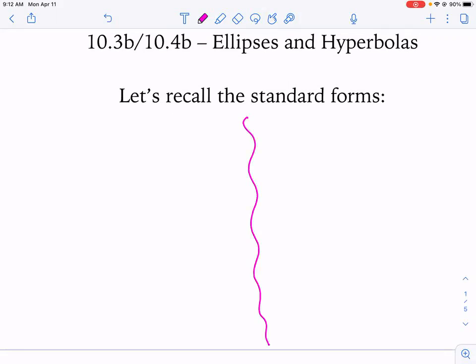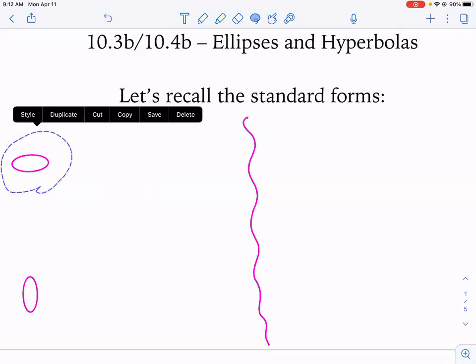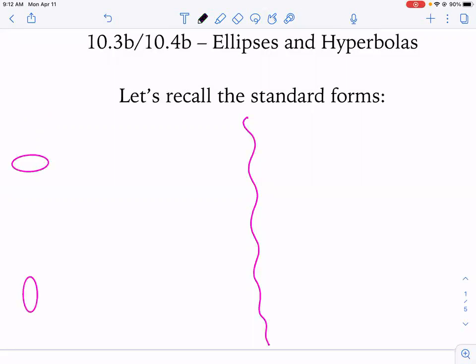Let's first consider ellipses. If we have a horizontal ellipse, then our standard form is x minus h squared over a squared plus y minus k squared over b squared equals 1.